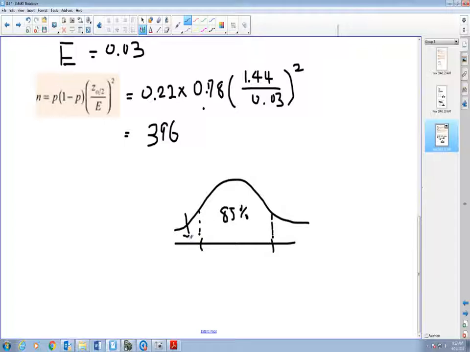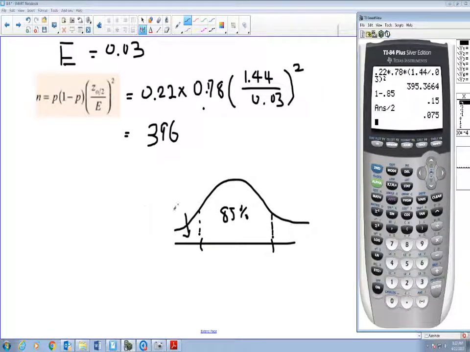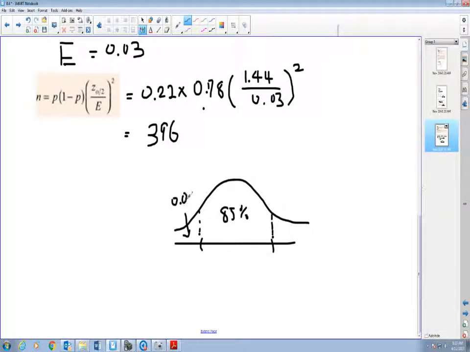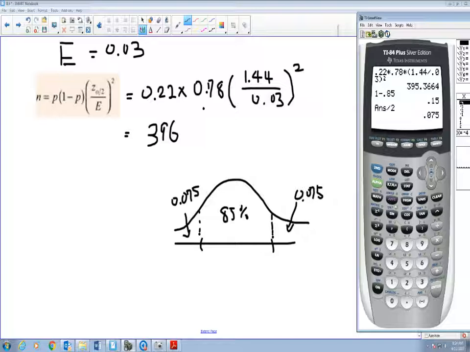Each area is 0.075. So if I want to find the critical value Z, we can use inverse norm, like I showed you before from chapter 6.